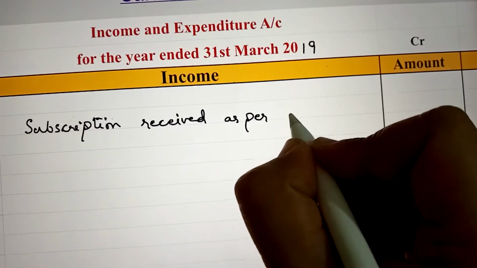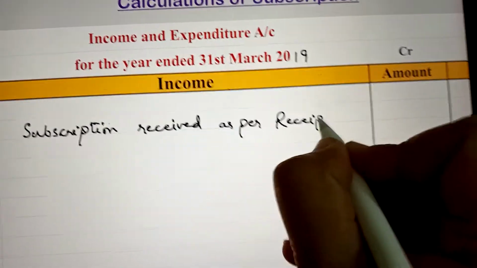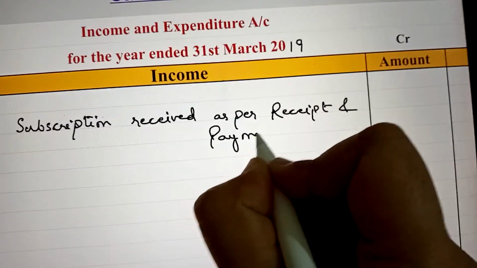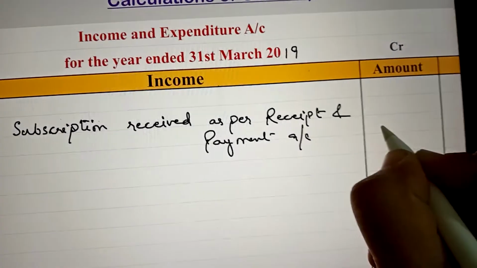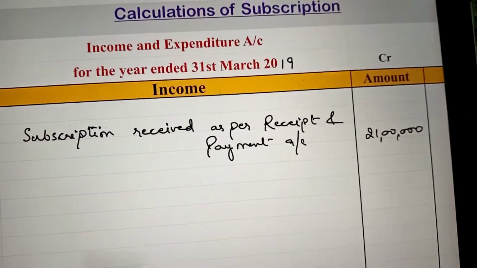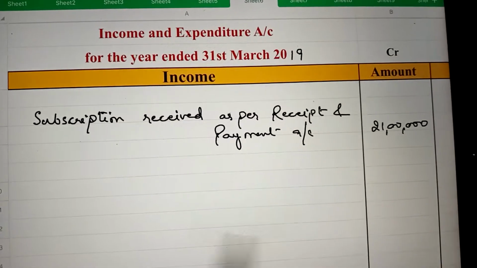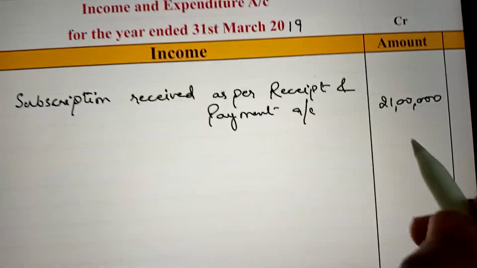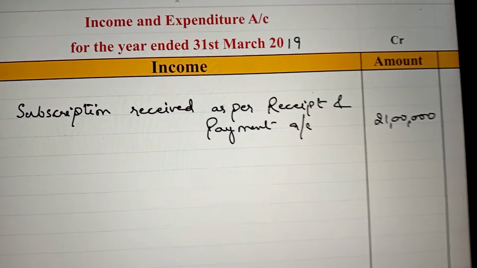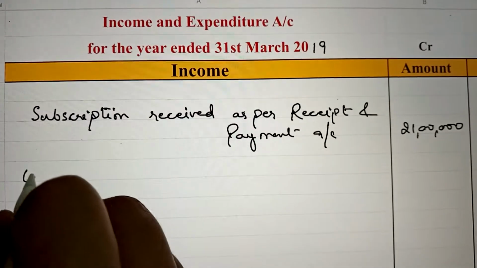As per receipts and payment account, it is given 21 lakh. So because this 21 lakh includes the income of the previous year and income of the next year, we will deduct here.